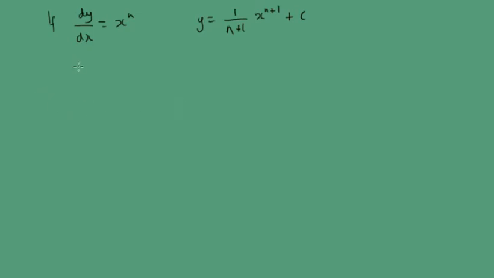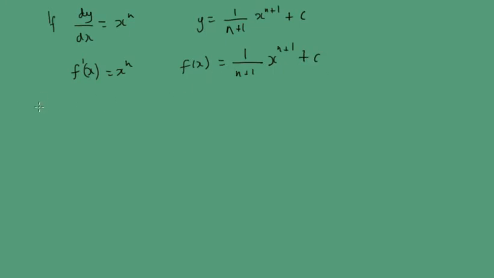We can also think of f dashed of x, our other notation for the derivative. If that's x to the power n, then f of x is 1 over n plus 1, x to the n plus 1, and again plus c.